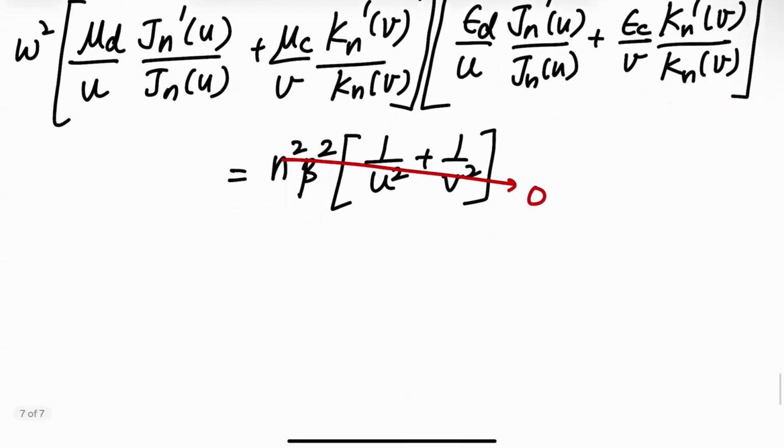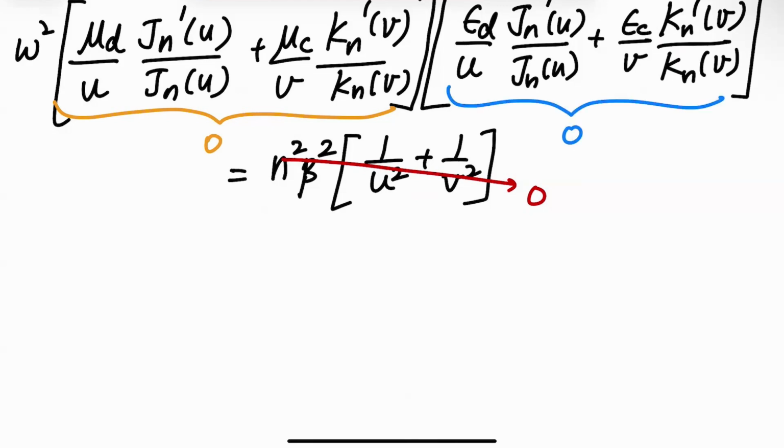You have basically this is equal to 0, which we'll put in red. And maybe I use a different color. So this is equal to 0 is one equation, and this is equal to 0 is the other equation. It's either or, right? One of them going to 0 is enough.